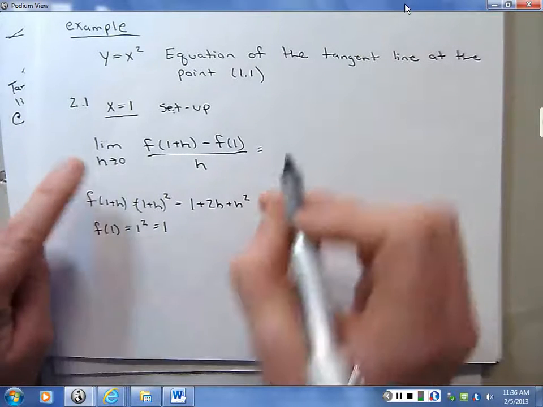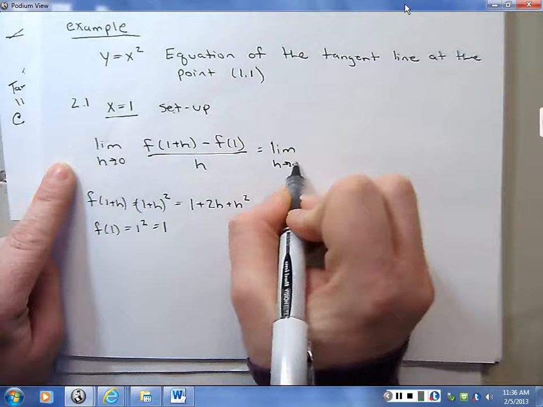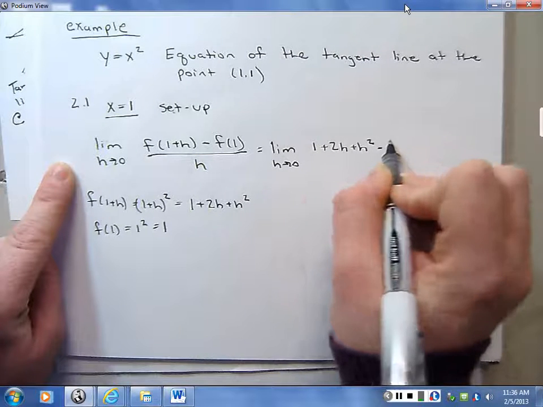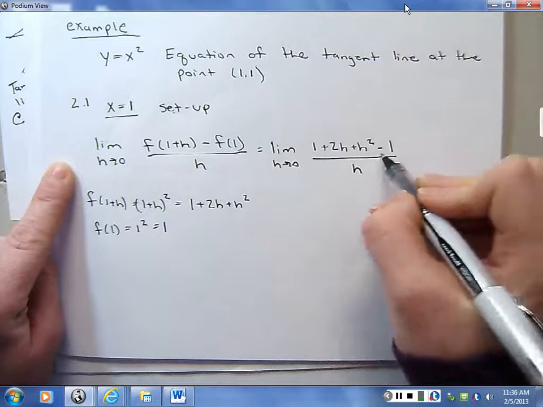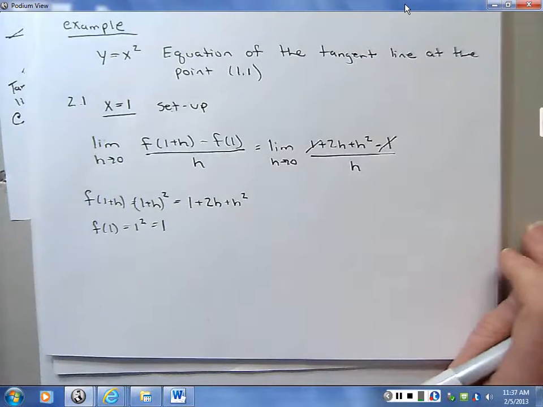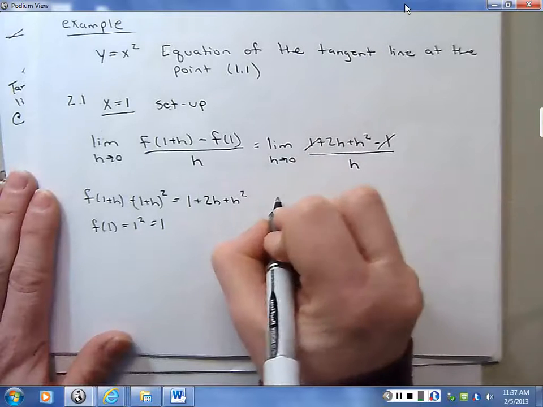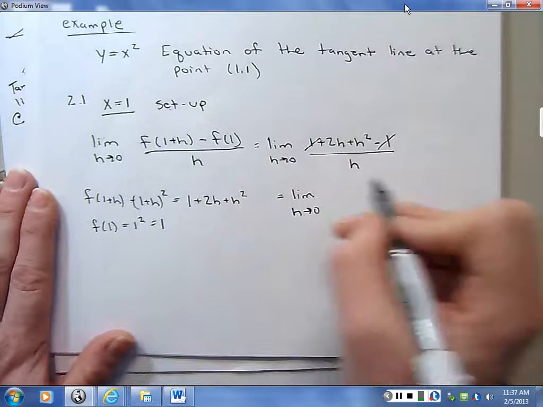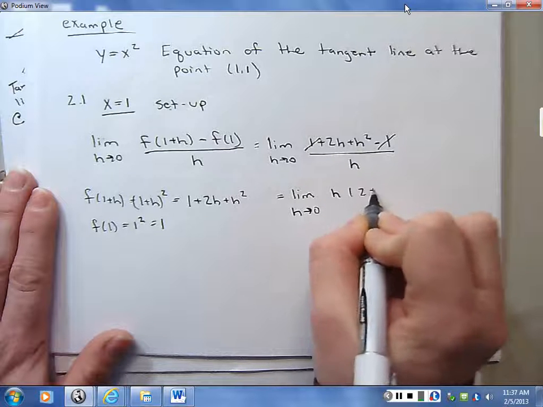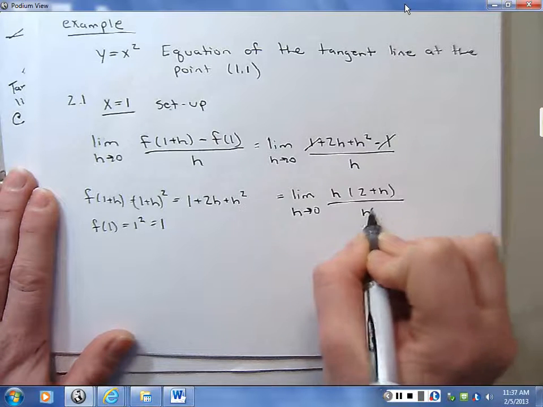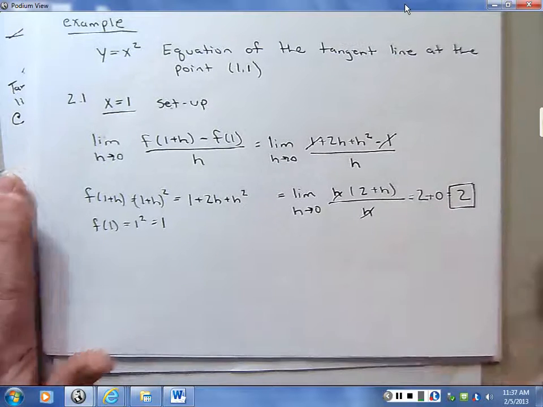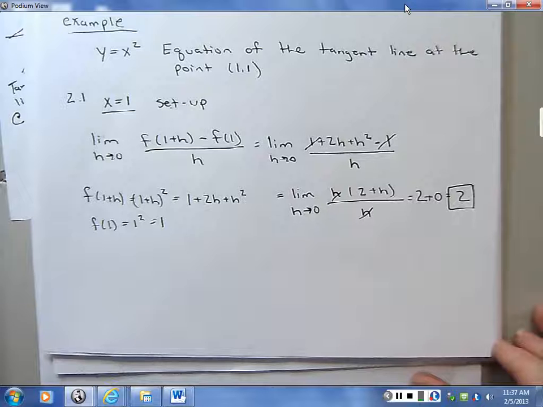So now if I plug this in, I have the limit as h goes to 0 of 1 plus 2h plus h squared minus 1 over h. The minus 1's cancel, which equals the limit as h goes to 0 of, if I pull out an h, 2 plus h over h, which would be 2 plus 0, which would be 2. So it turns out my slope here is 2.